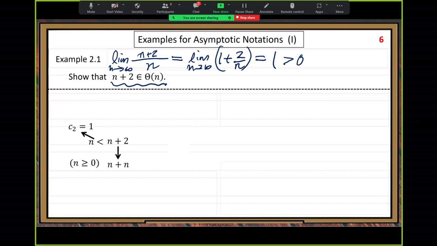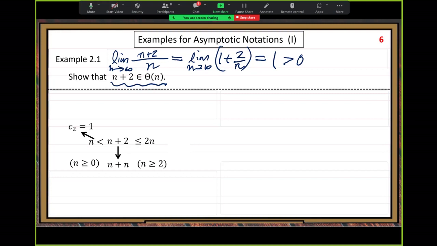Then, upper bound. How do we get the upper bound? We replace the constant 2 by n, because we want to increase the result. So n plus n, 2n. The upper bound inequality is true: less than or equal to 2n.